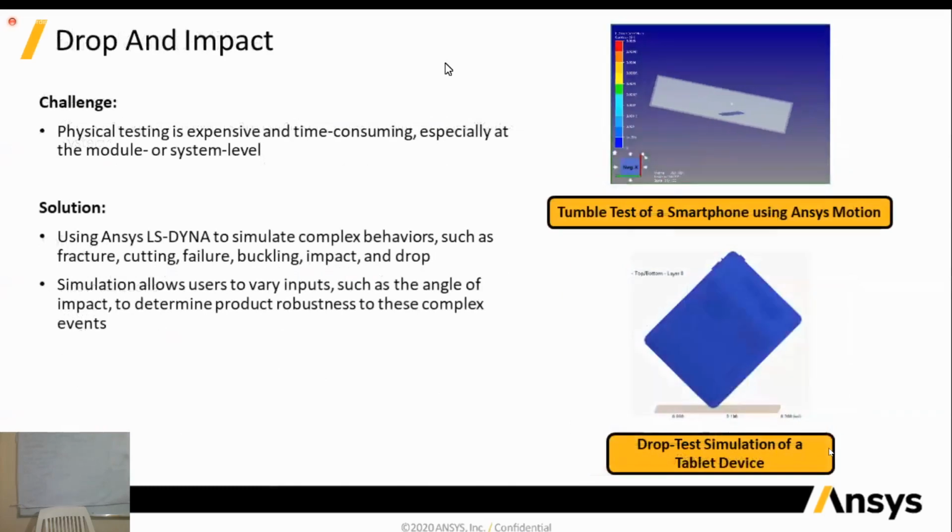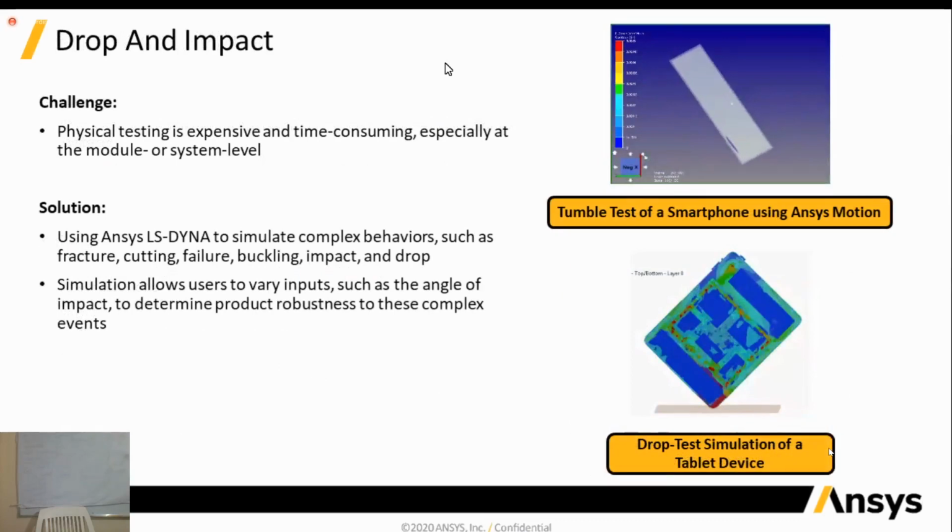Okay, drop and impact. Drop test is a highly nonlinear, time domain simulation. Normally a drop test happens for a fraction of a second, and it involves fracture, failure, delamination of materials. Right? This kind of extreme deformation scenario can be handled only using explicit solvers.